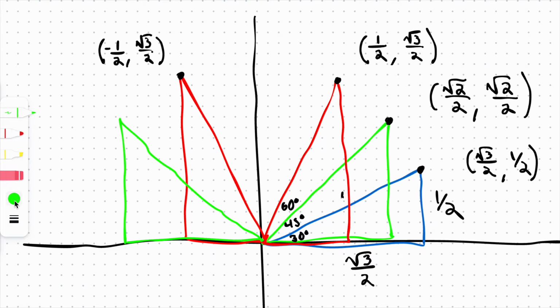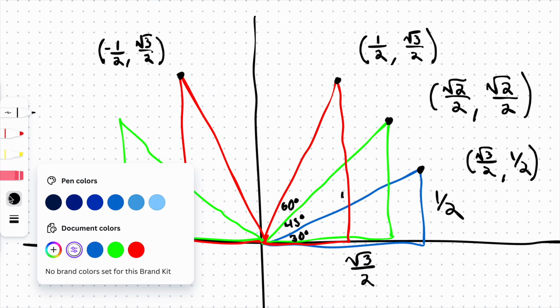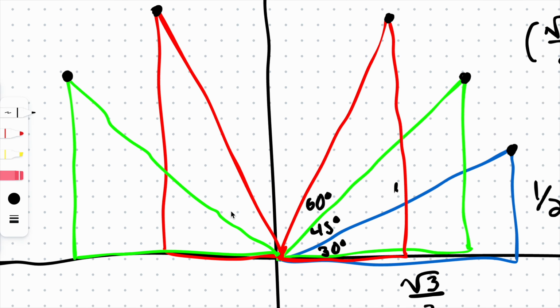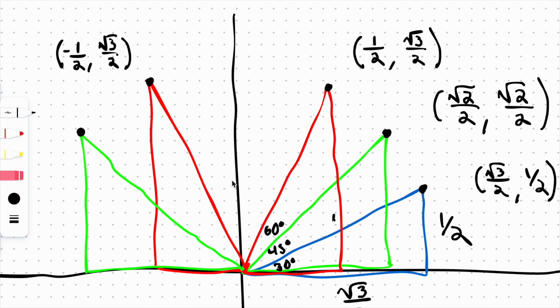Okay. So this 45 degree triangle is just like it was here. Oh, my bad. I made a little mistake, or I just forgot to say something. We had 30 degrees, 45 degrees, 60 degrees. Once we get to this y-axis, if I'm rotating like this, we've gone 90 degrees.